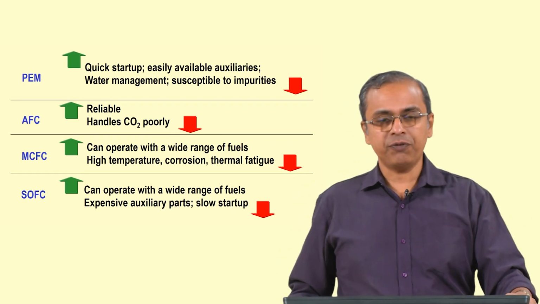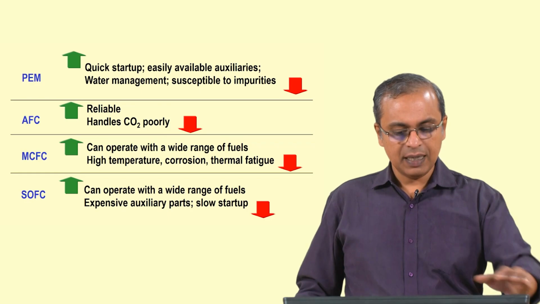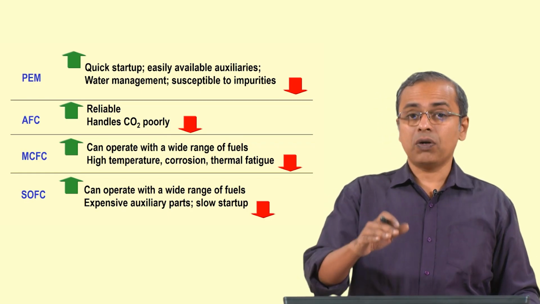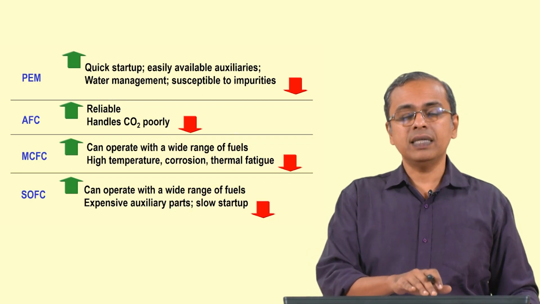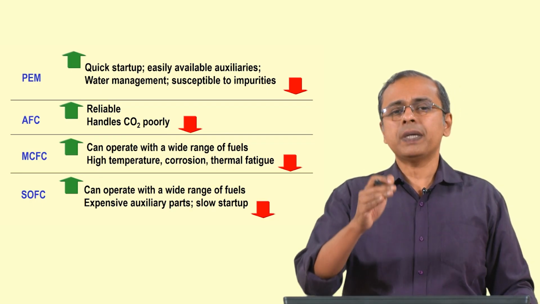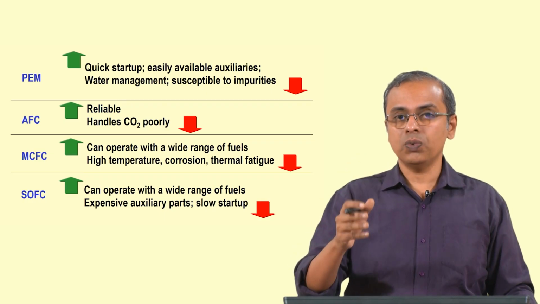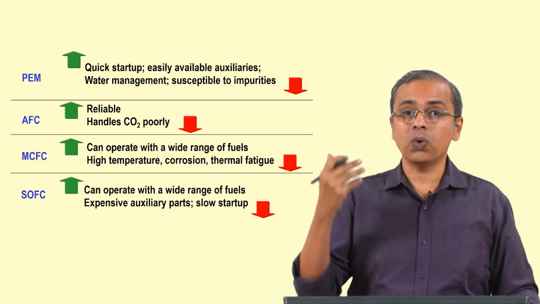So if you look at PEM fuel cells, proton exchange membrane fuel cells, since they are operating at low temperature, they are very easy to start. A typical automobile application requires you to have the ability to do what is referred to as a cold start.